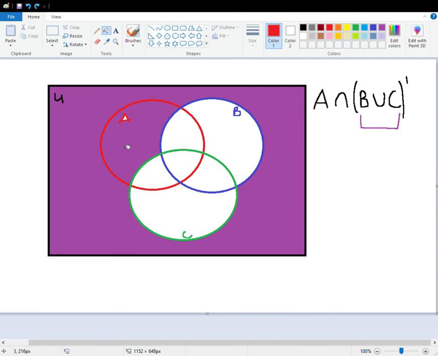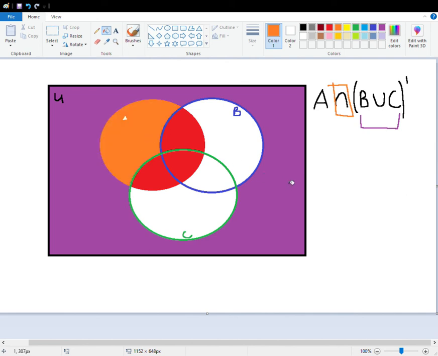So the overlap between them is going to be, shade in A, and we'll make this intersection orange. The overlap between them is just this little subregion right here.